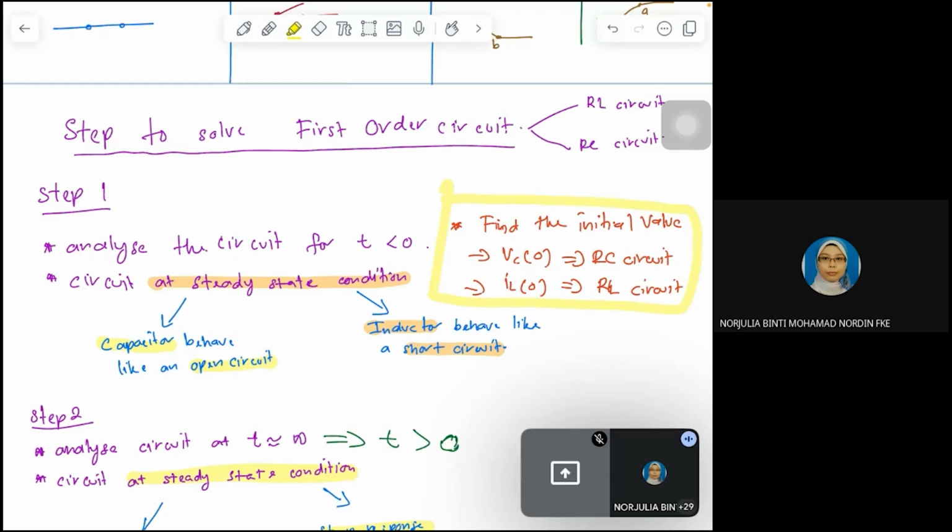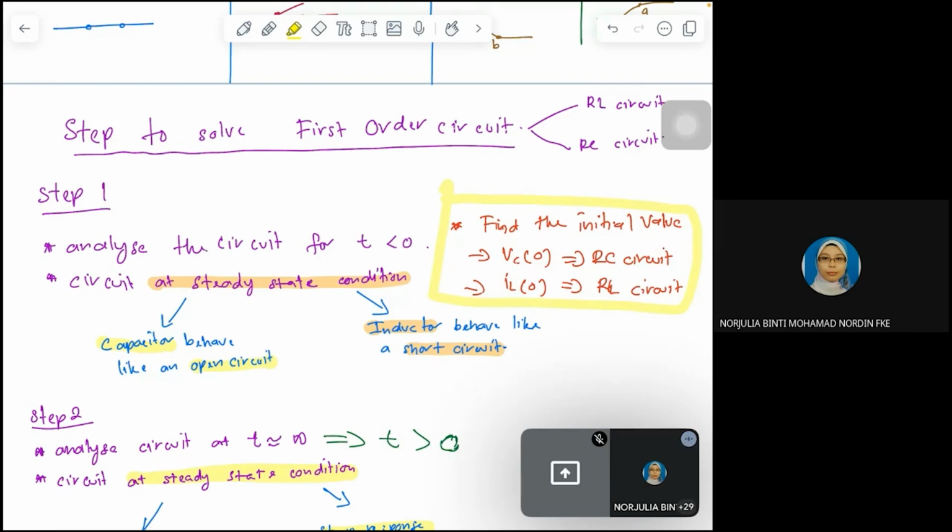In this particular step, you are required to find the initial value of V across the capacitor or the current that flows through the inductor. If you have the RC circuit, you need to find the initial value of the voltage across the capacitor. If you have the RL circuit, you need to find the initial value of the current that flows through the inductor.